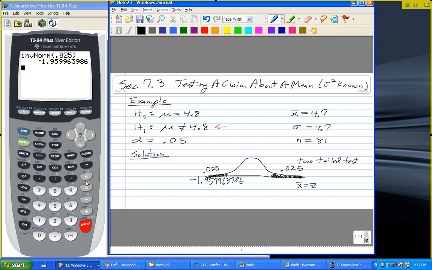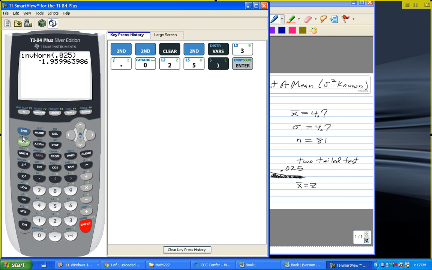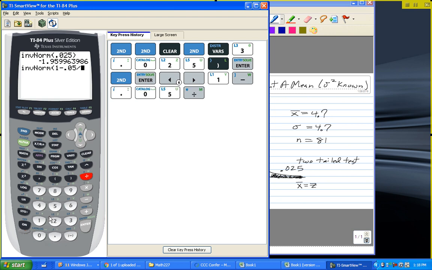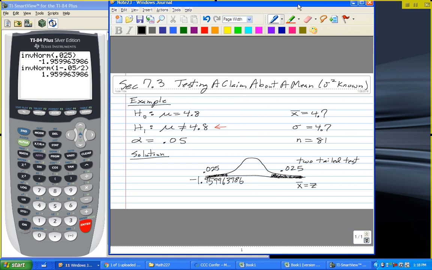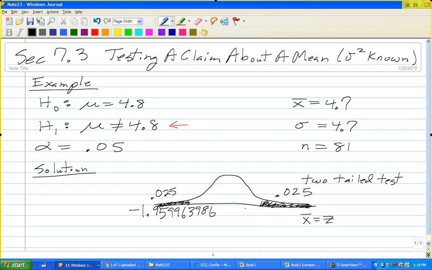And the positive part, obviously, actually, let's just do this: 1 minus 0.05 divided by 2. That'll give me the other end, which is just the positive part, which is the positive 1.959963986. So this is my rejection region here, what I've drawn.